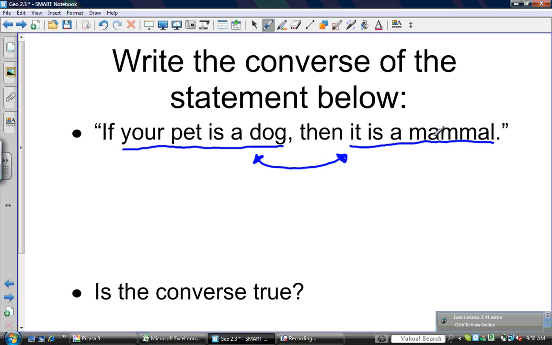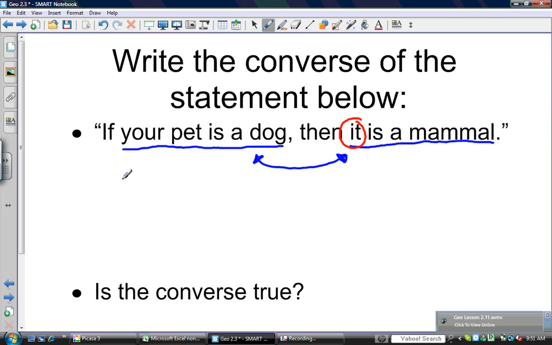One problem with that is this word it. We can't say it before we talk about what it's referring to. So it refers to your pet.